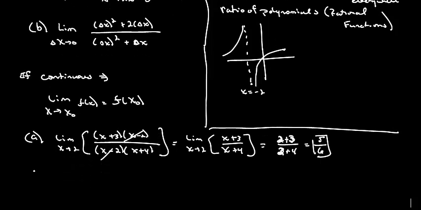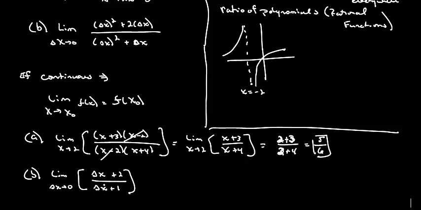So let's look at this here for b. For b, we can factor out a delta x. So this is the limit as delta x approaches 0 of delta x plus 2 over delta x plus 1. And now these are just rational functions. If you don't like the delta x, just put x, or whatever variable you want.